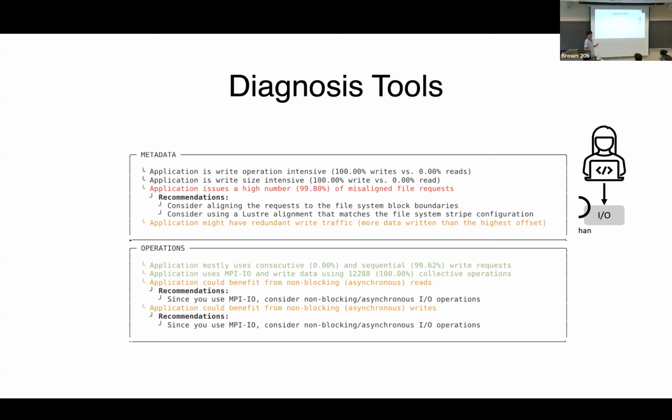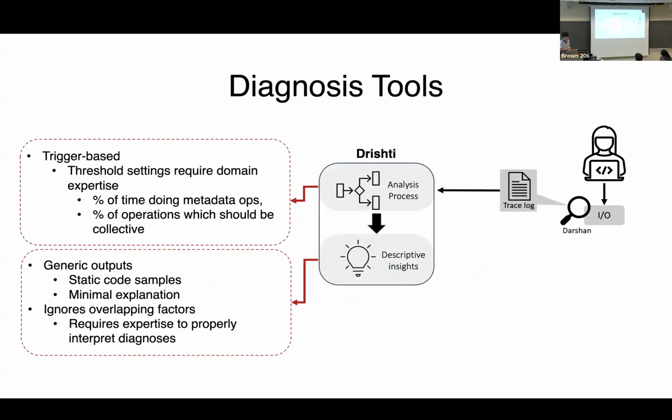Drishti is hard-coded by checking the counters in these log files. If there's a counter there, it will trigger the corresponding issue, so it will report that issue and also give suggestions. It's a similar thing here. So Drishti was done in a trigger-based way. All the threshold settings are done by the programmer of Drishti, not the programmer of the application.